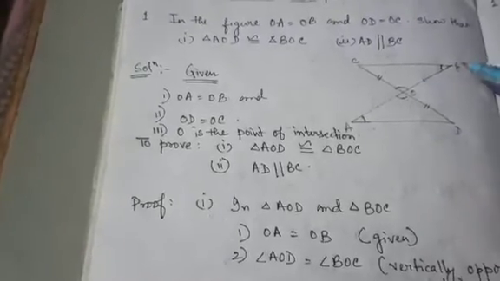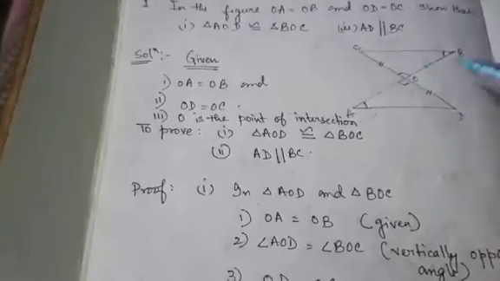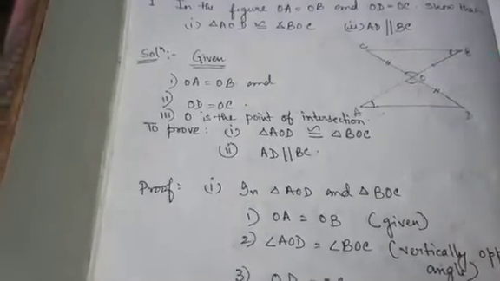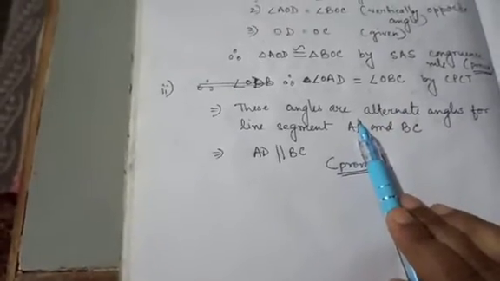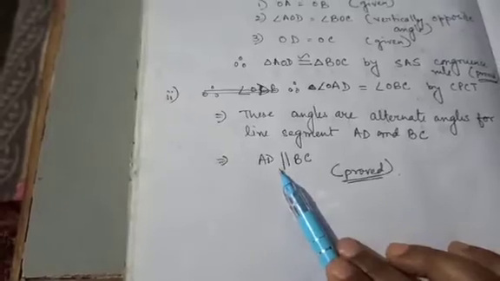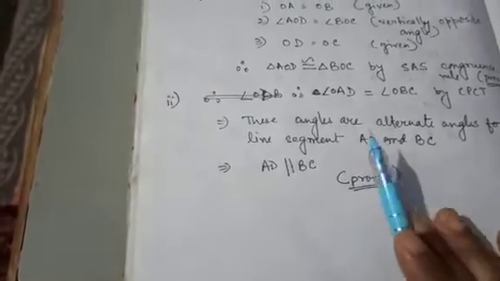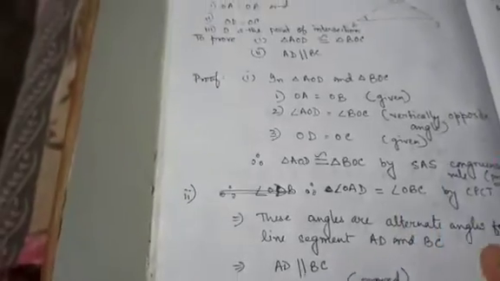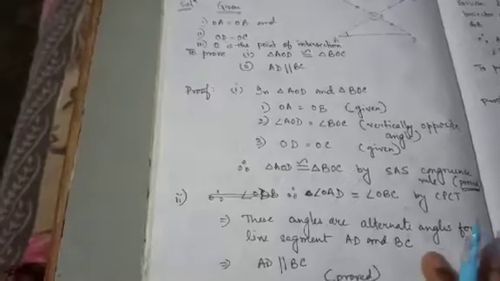When AB is the transversal, angle A and angle B are alternate. So we can say conversely that AD and BC are parallel to each other. So since the angles are alternate angles, we can say the line AD is parallel to BC. So this is the first proof, that is the congruency as well as the parallel of the lines.